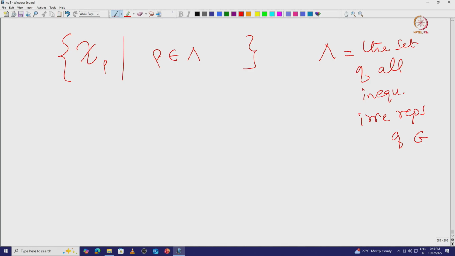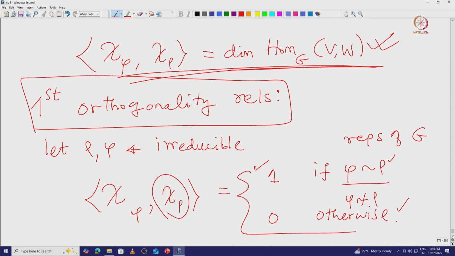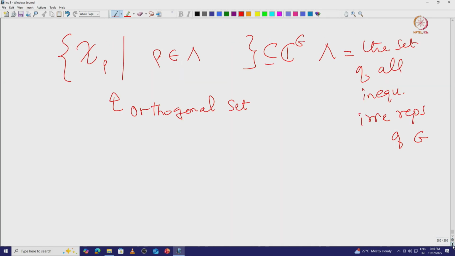Then we just proved that, as a subset of this C_G, this is indeed orthogonal. Actually, it is orthonormal because that is what our computation says. So, this is indeed an orthonormal set.